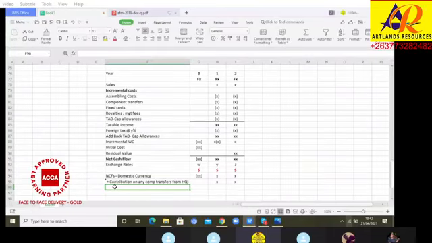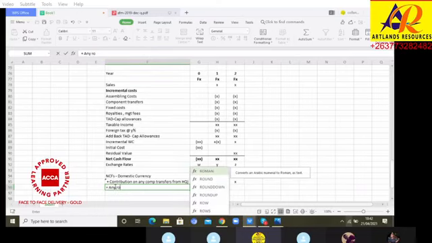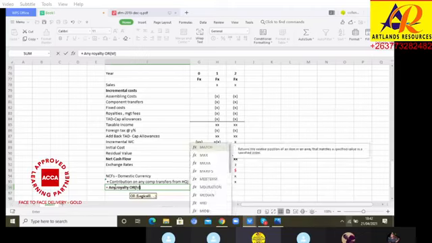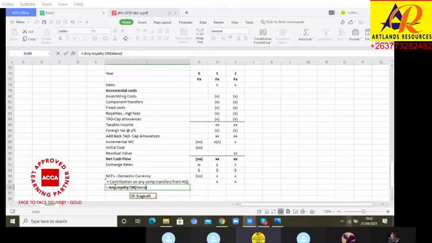And then add any royalty or management fees charged to the foreign project.